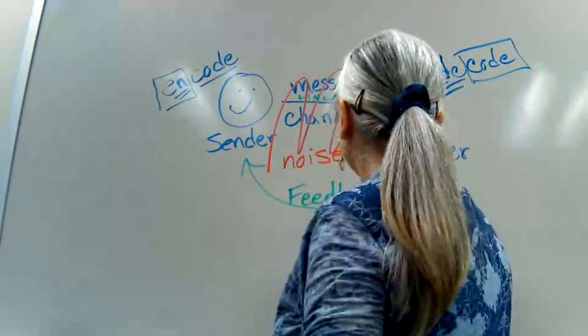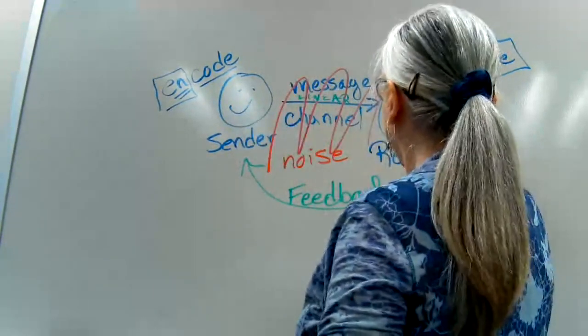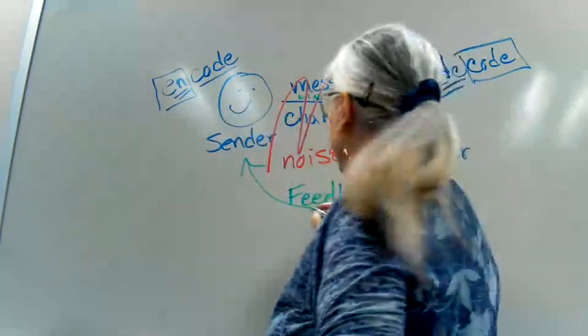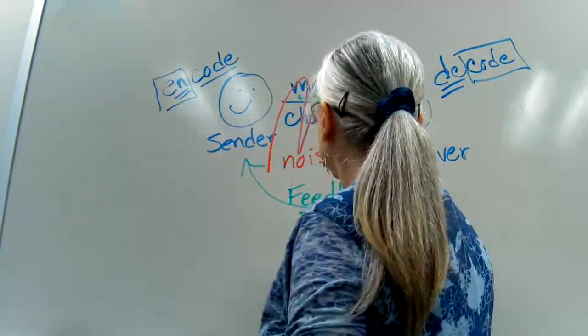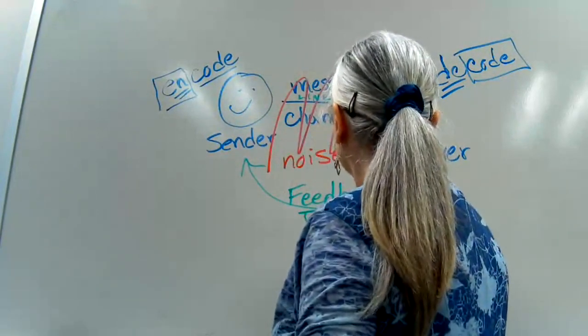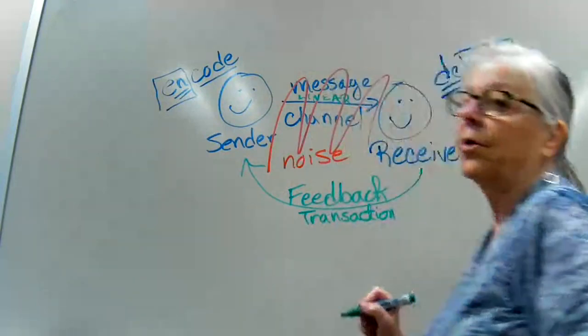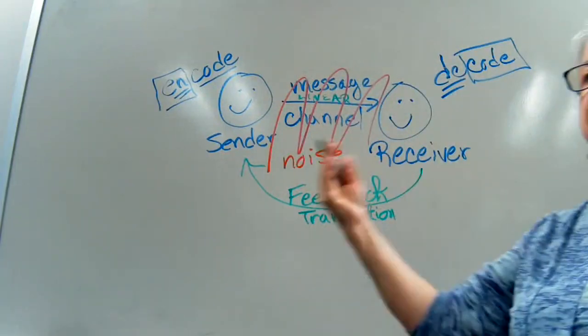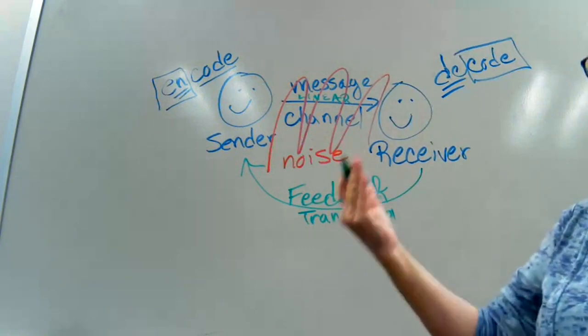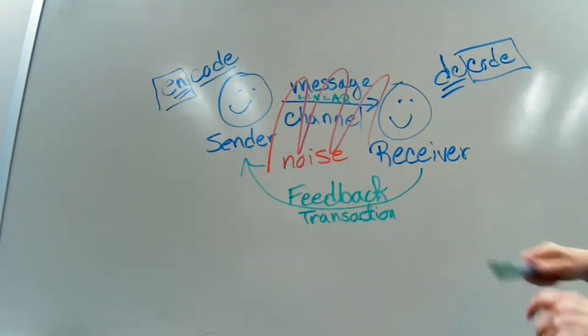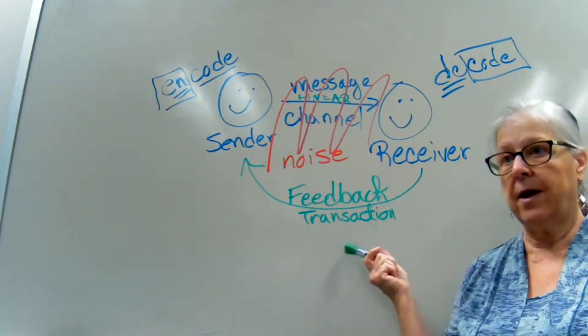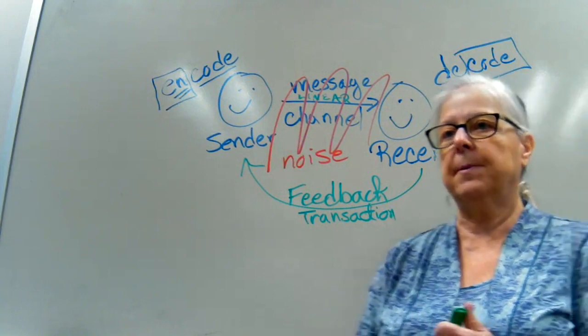Now it's going to be over this way, back this way. So there is a transaction occurring. Okay, so action is transferred. The transaction is critically valuable, even in public speaking.